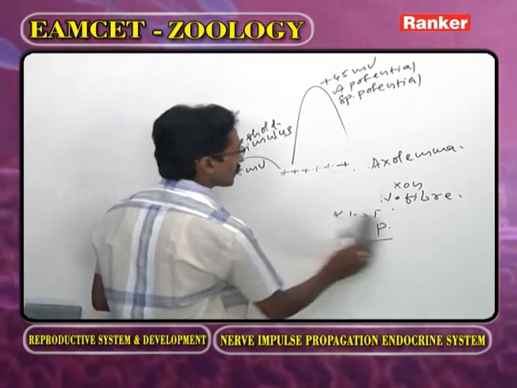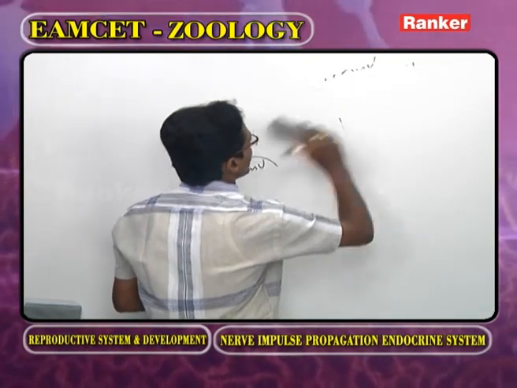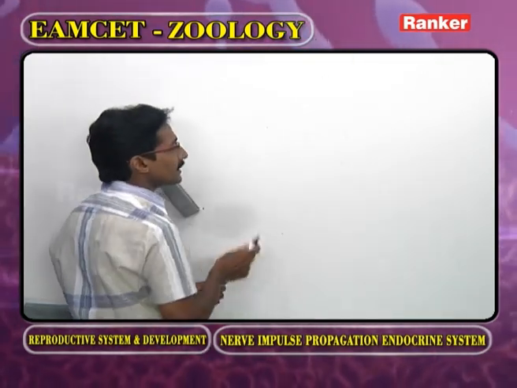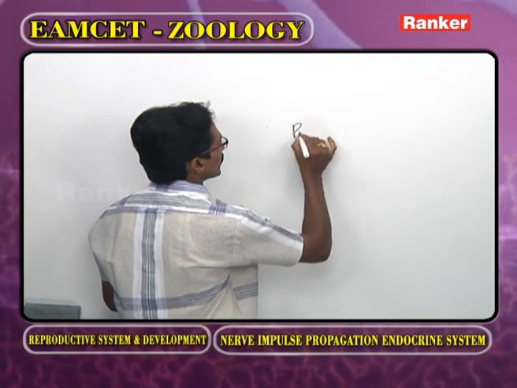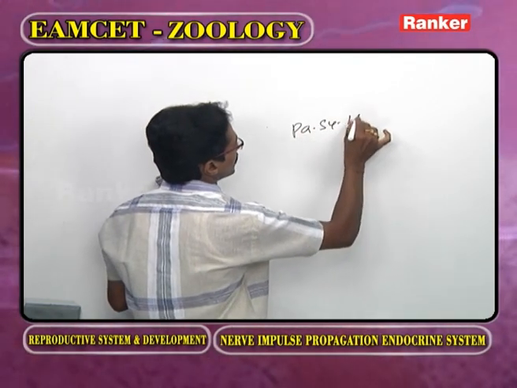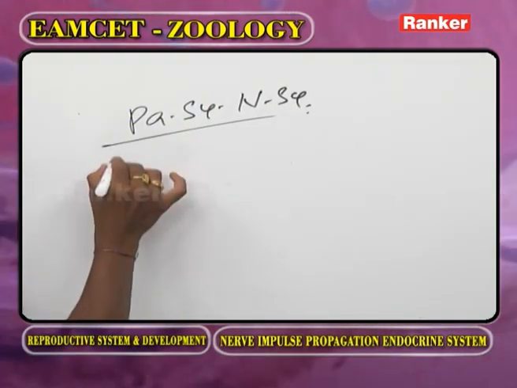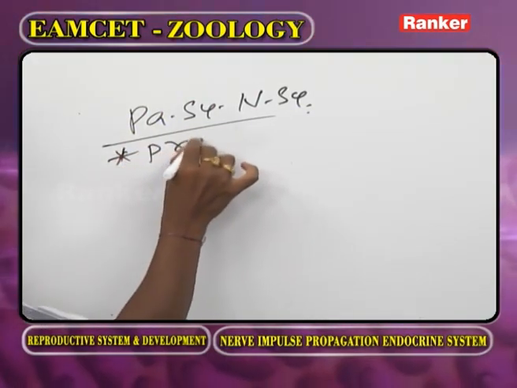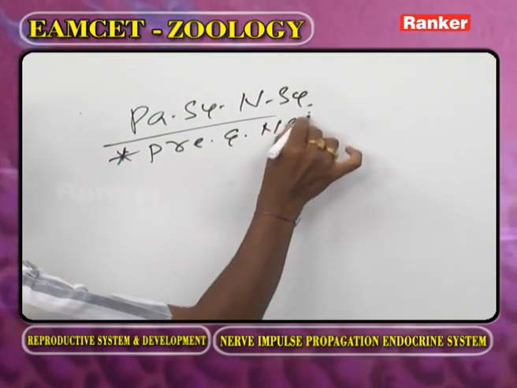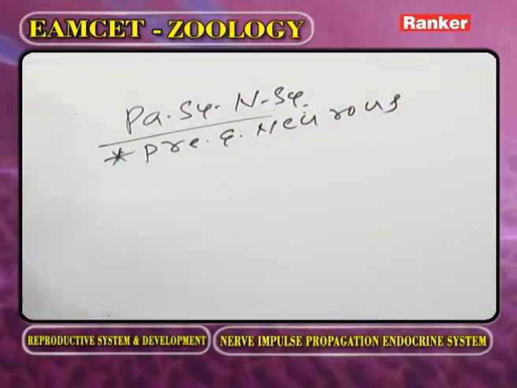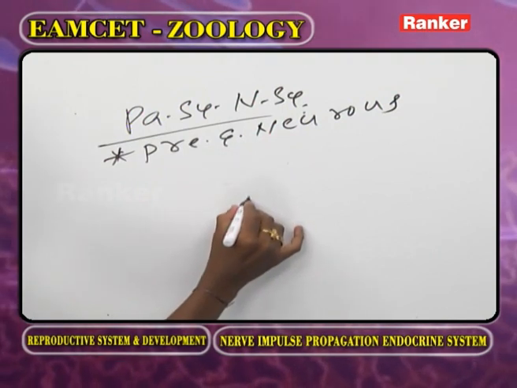Now as we observe the sympathetic and parasympathetic divisions, we are discussing the parasympathetic nervous system. In the parasympathetic nervous system, we have preganglionic neurons. Now this is the ganglion.